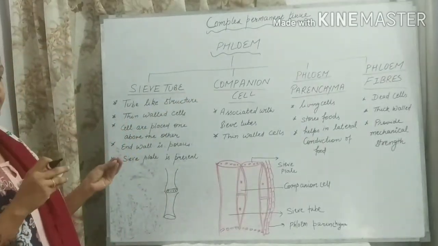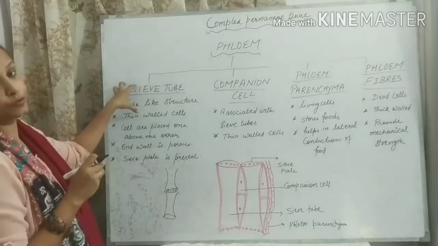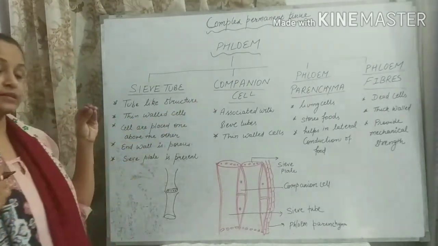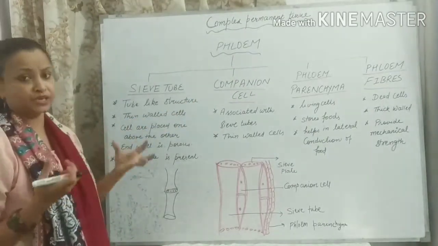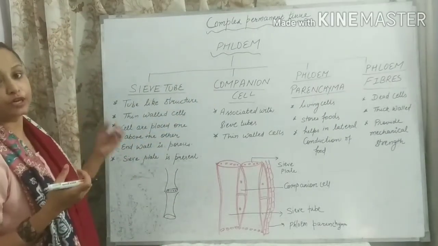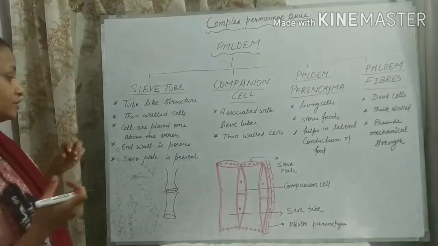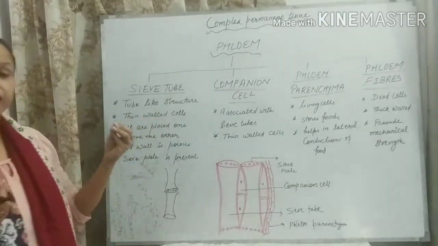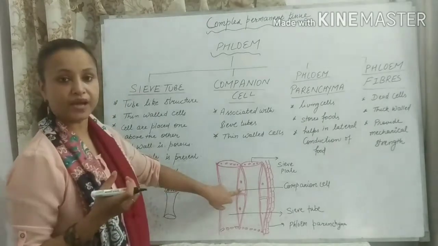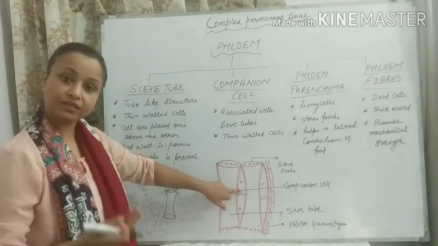Now the companion cells. Companion, as the name indicates, these cells are the friends of sieve tubes. They are the companions of sieve tubes. Companion cells themselves do not have a special kind of function. They generally help the sieve tube to perform its function properly, because as the sieve tubes mature, their nucleus gets inactive, and they take help from the companion cells, because companion cells remain metabolically active throughout their life.